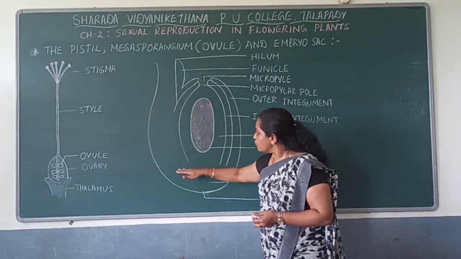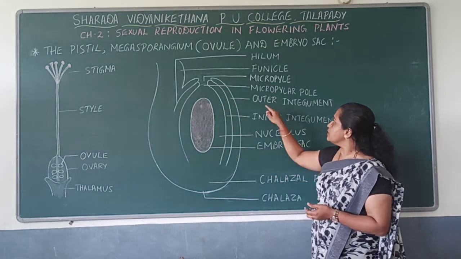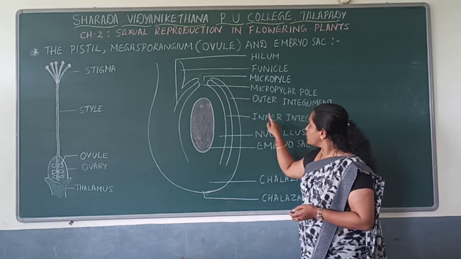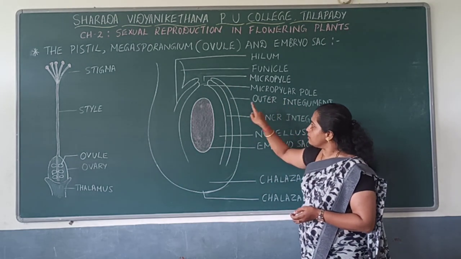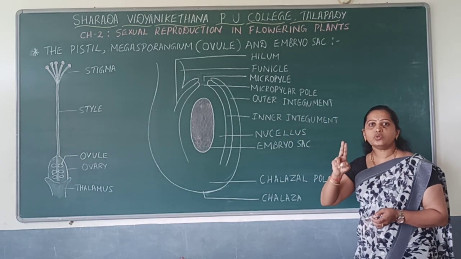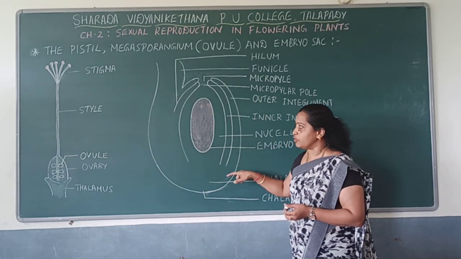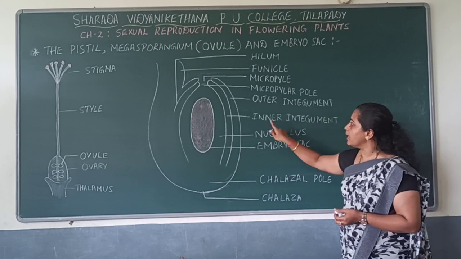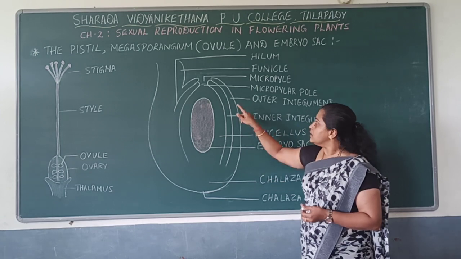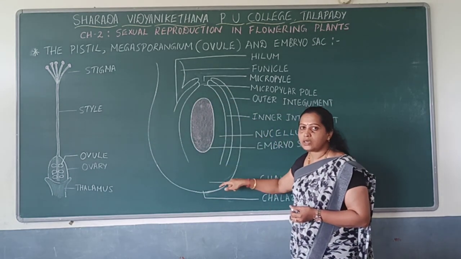Now the ovule is covered by two envelopes which are considered as integuments. The outer envelope is called outer integument. The inner envelope is called inner integument. If you observe the diagram clearly, the outer and inner integuments do not cover the ovule completely.